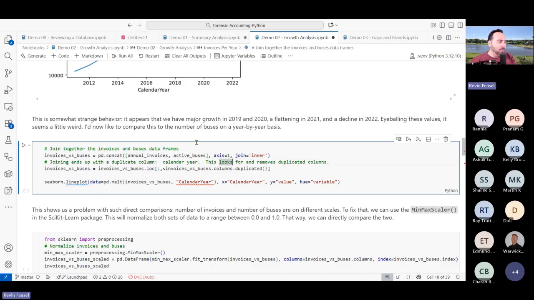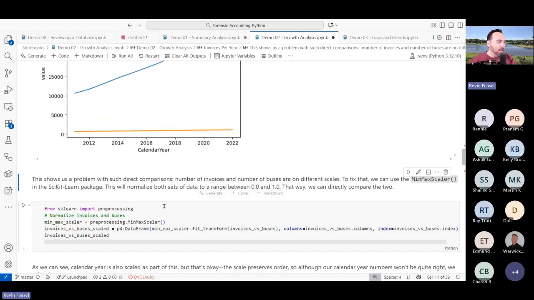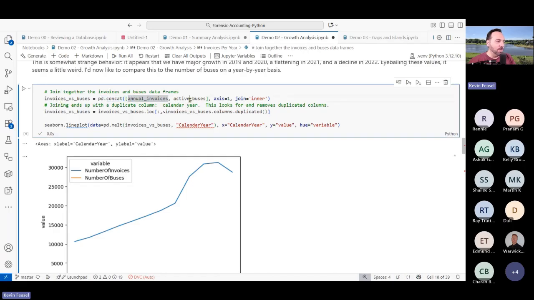So what I'd like to do is compare invoices versus buses. And you look at this and you say, well, that's basically a flat line. You can't really see anything. So let's instead, and by the way, here's the code that I use to show this. I'm concatenating together the annual invoices and the active buses onto one plot.